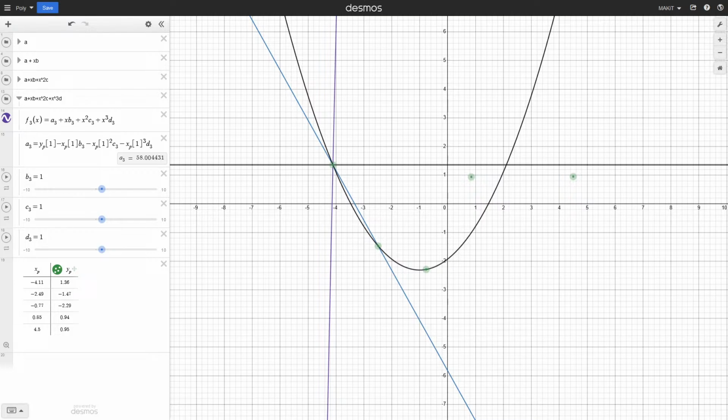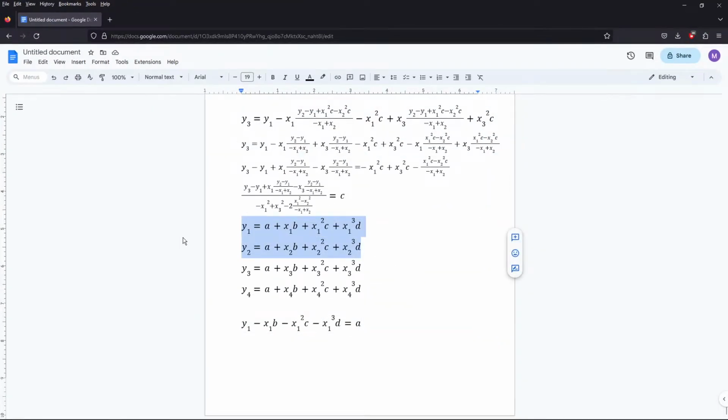Now it's time for the second. b. b will be based on a. Brainful process.